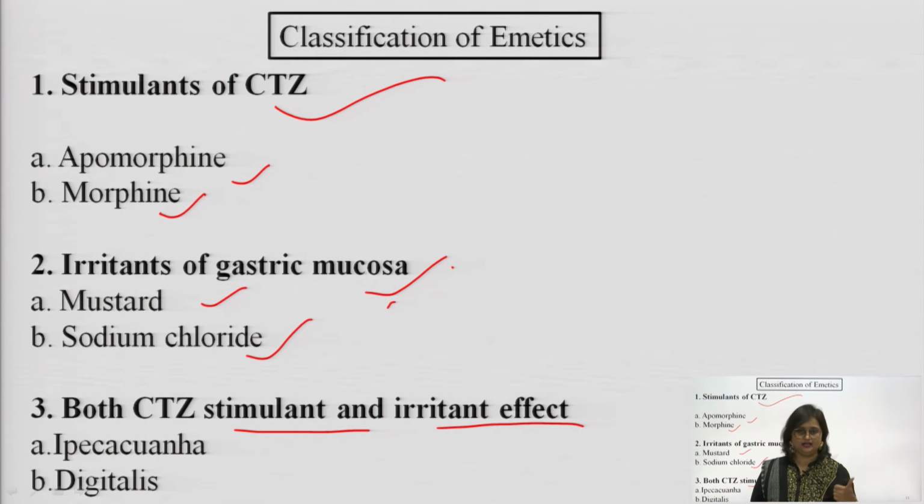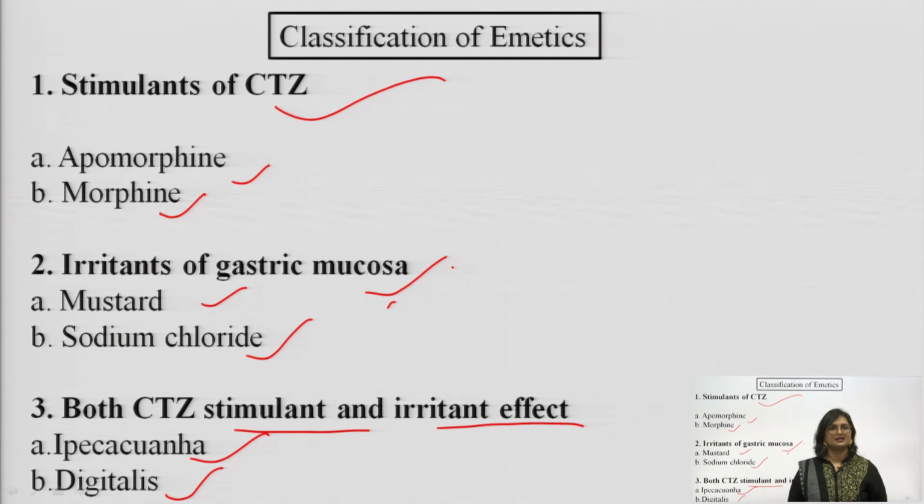Examples of such drugs are ipecacuanha and digitalis. These are the two drugs that irritate the gastric mucosa and stimulate the CTZ as well. Clear all of you? Now moving on further.